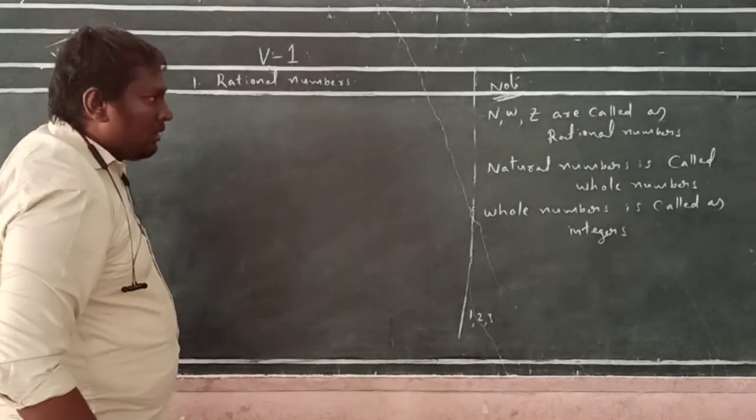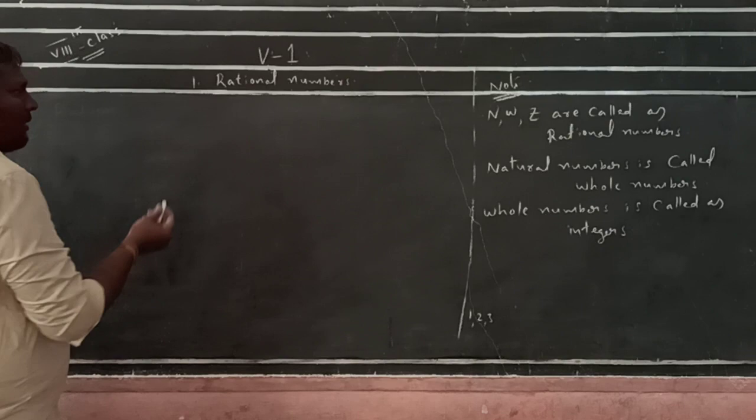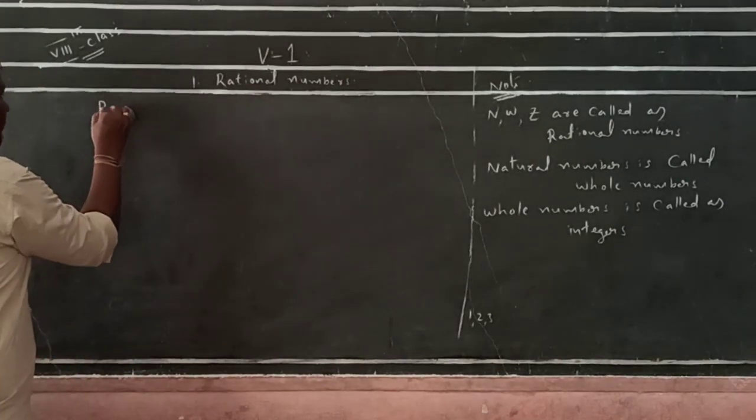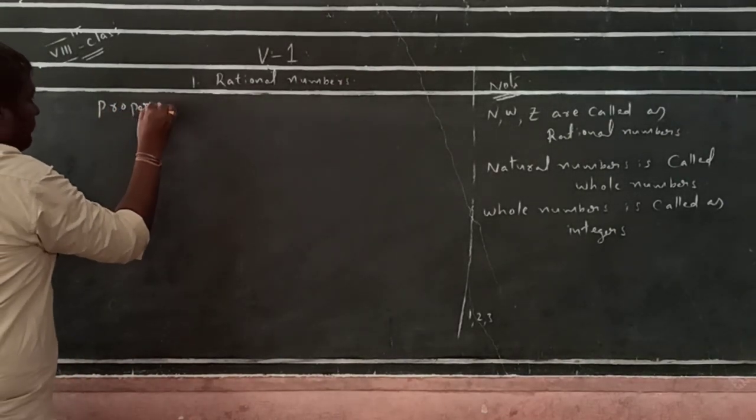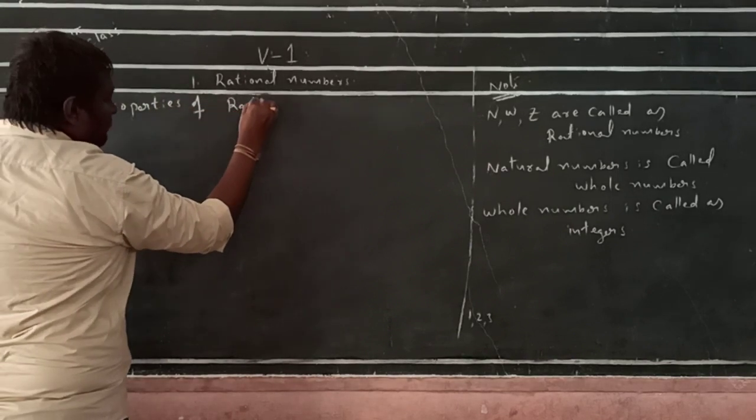Next, the properties of rational numbers. What are the properties of rational numbers?